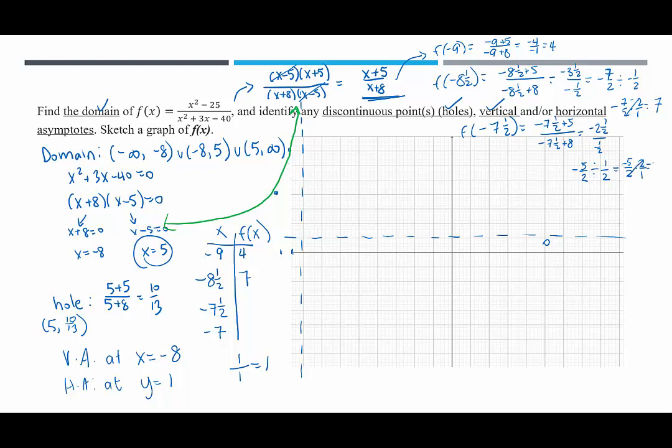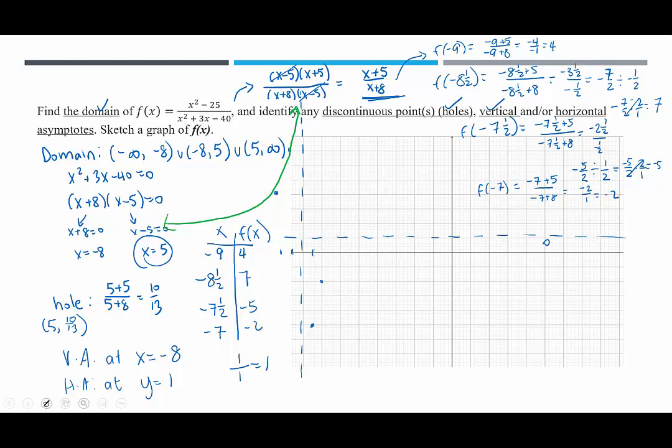The 2's cancel. We end up with -5. So we have the point (-7.5, -5). 7.5 will be right here, 1, 2, 3, 4, 5. Right around there. And our last point will be -7. F of -7: we have negative 7 plus 5 divided by negative 7 plus 8. That is negative 2 over 1, which is negative 2. So (-7, -2) will be here.